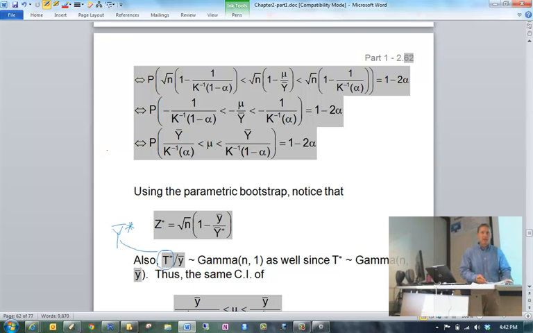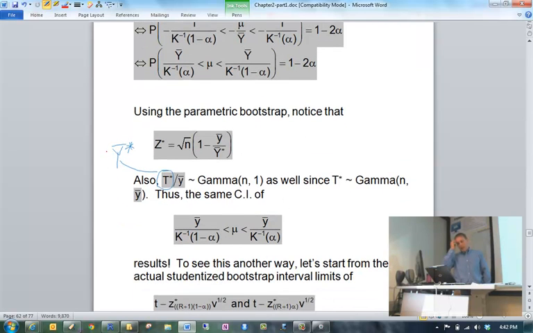So that's our exact interval. We would expect that to be relatively good, since this is an exact interval. Well, what would we do for the parametric bootstrap? Well, now Z becomes Z star. We replace mu with the observed y bar. We replace the y bar with a y bar star.